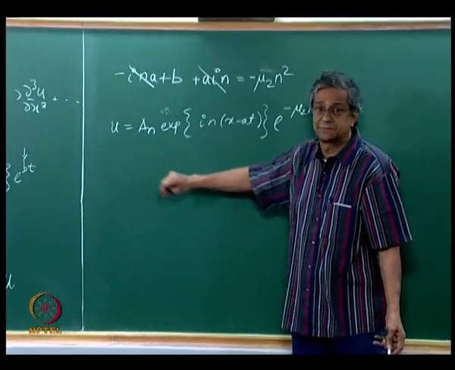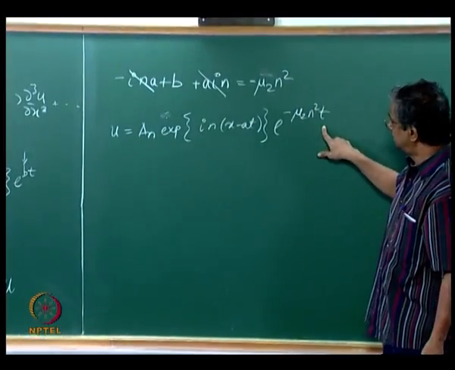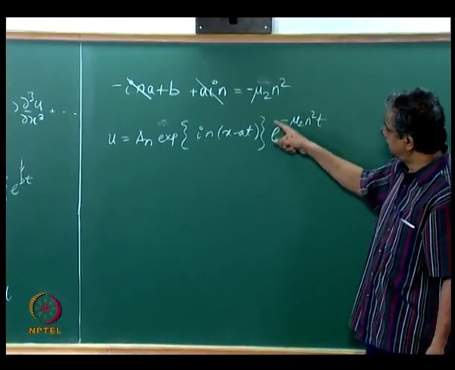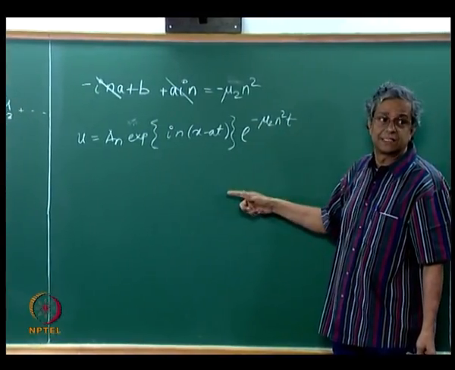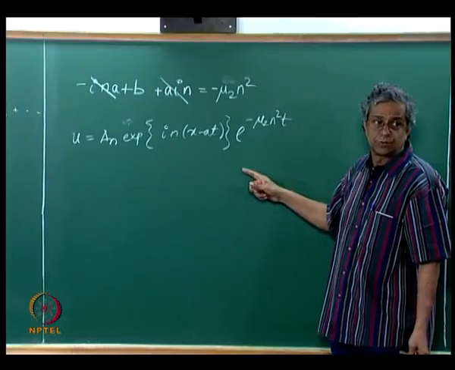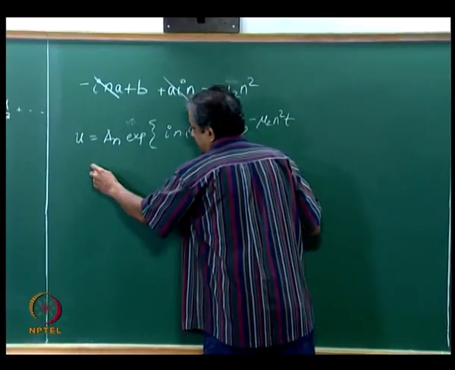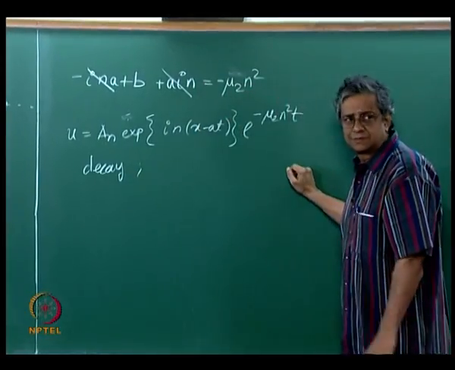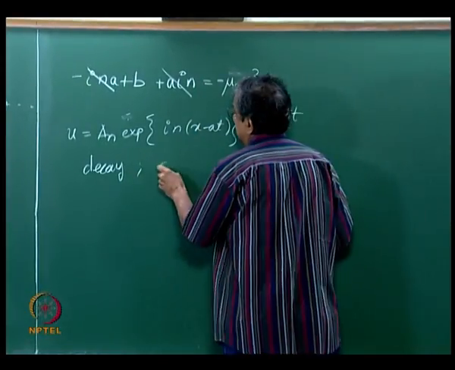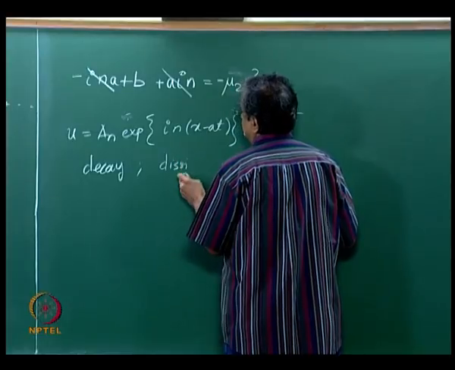Whereas what has happened now is because it is being multiplied by e to the minus mu2 n squared t, the solution is going to decay. I prefer the word decay. In literature very often we call it a dissipative term, or dissipation.